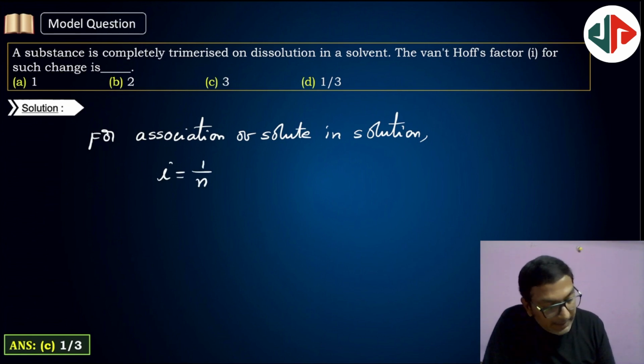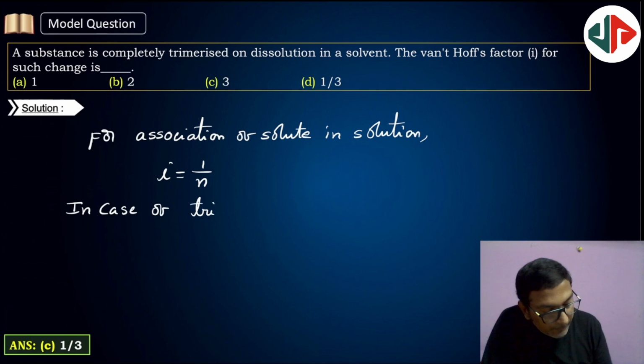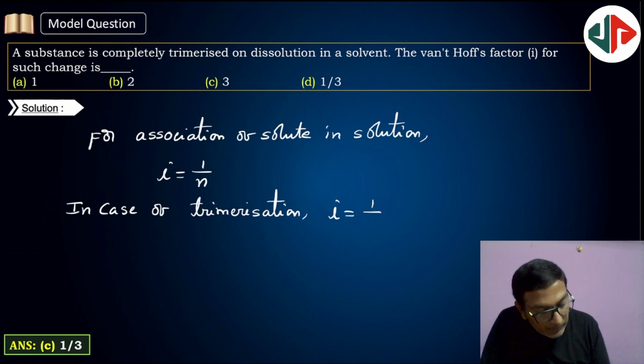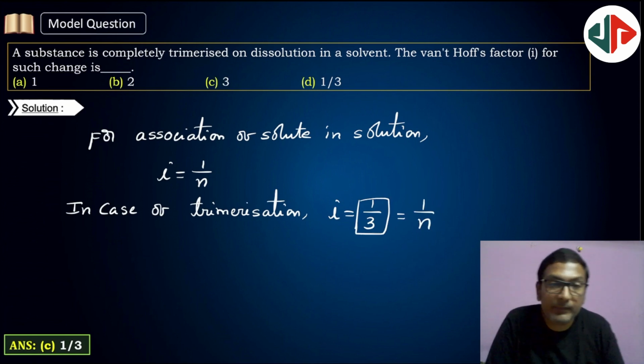In case of trimerization, i equal to 1 by 3, that is 1 by n. Simple question.